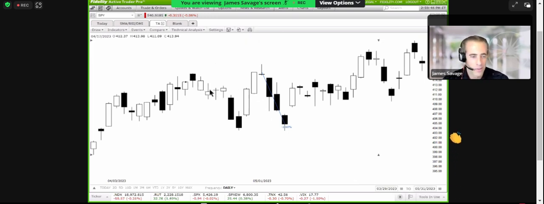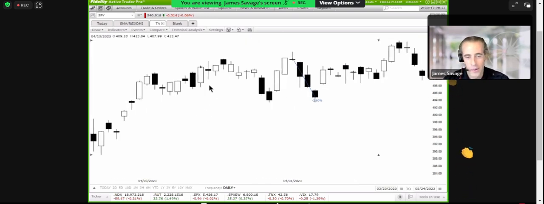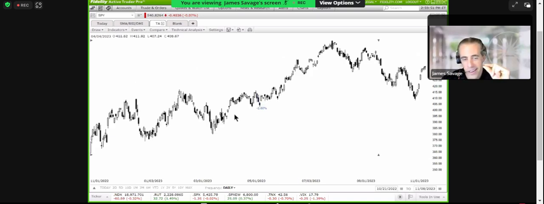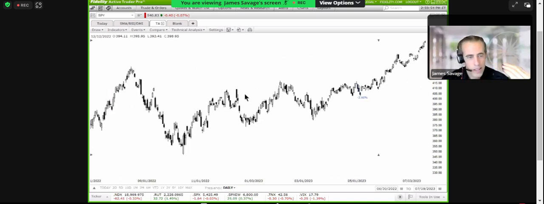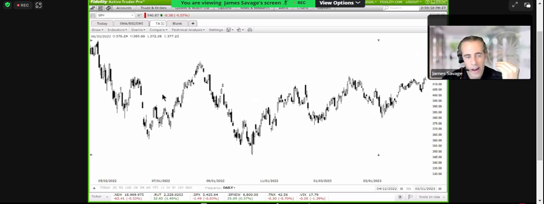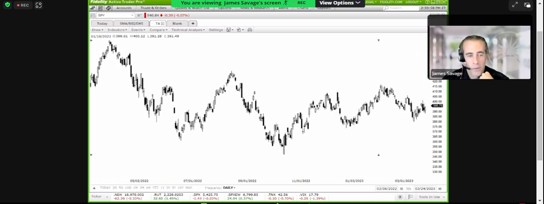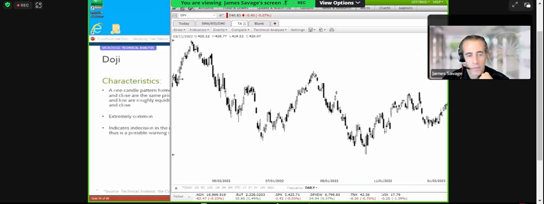And we can keep looking through a few of these as well, looking for those dojis, and we might have to put that subjectivity in, right? Well, how close are we going to go? How close do those candle bodies need to be?